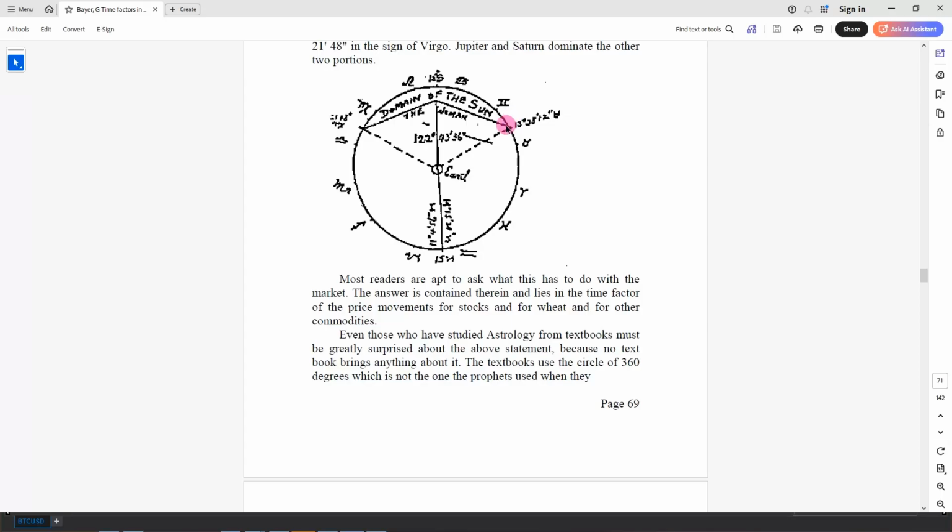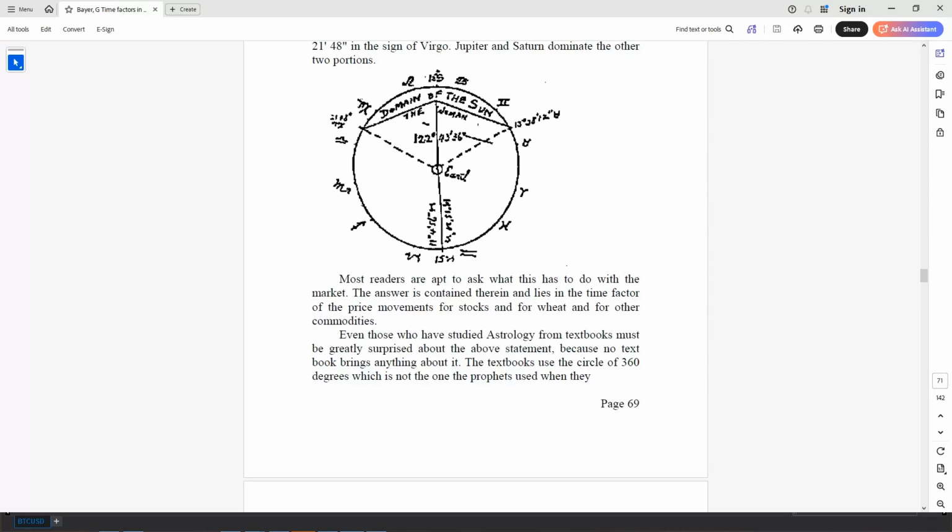And he says the domain of the Sun is this area. The other two are controlled by Jupiter and Saturn. You may want to take a look at how those planets, the times those planets are transiting through these periods, and to see if they have a particular impact on any particular market.